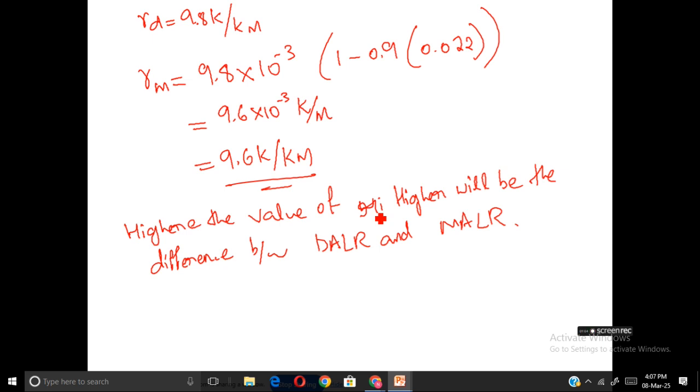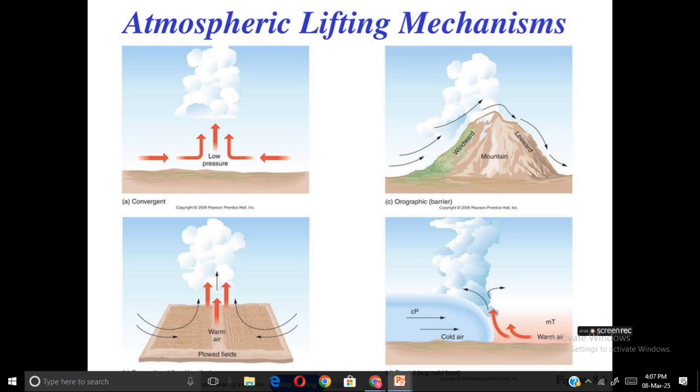Over dry regions, if the value of R is very small, the dry adiabatic lapse rate will be approximately equal to the moist adiabatic lapse rate. So the value of R has a geographical dependence, and the difference between dry and moist adiabatic lapse rate also depends on the geographical location that we are considering.